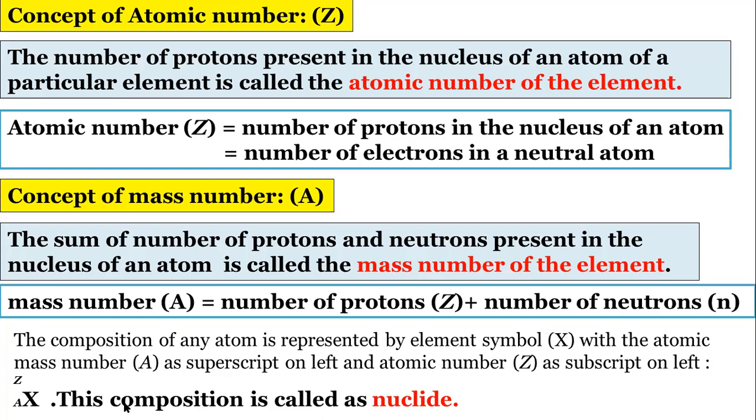Not the number of atoms, the atomic number. Electrons are increasing, so a new shell is added. Electrons are added in the new shell, so atomic size increases from top to bottom. As atomic size increases, the outermost electron will go away from the nucleus. As it goes away from the nucleus, it will be easily removed.